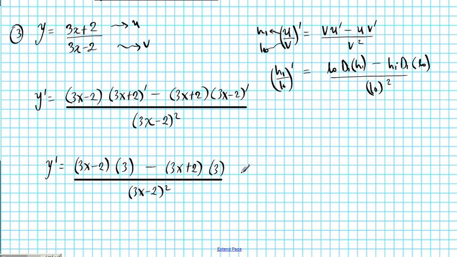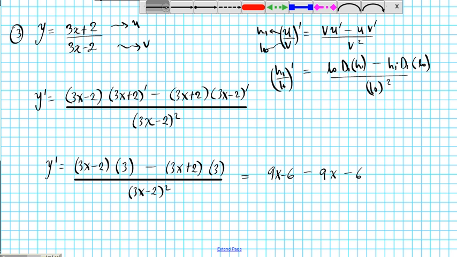If we simplify further, we're going to have 9x minus 6 minus, and then distribute the 2, 9x minus 6, divided by 3x minus 2 squared.